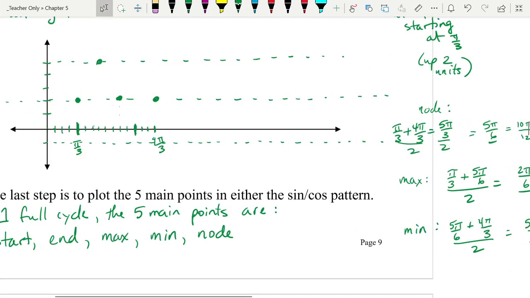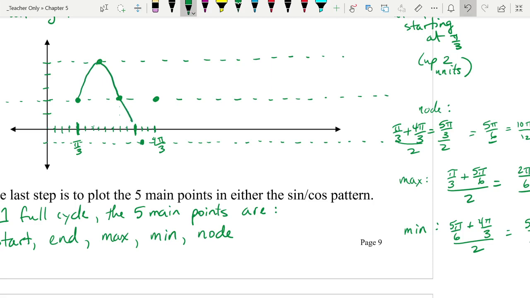So let's count to 13. 1, 2, 3, 4, 5, 6, 7, 8, 9, 10, 11, 12, right down there. And I have now made one complete crest and trough of my graph.